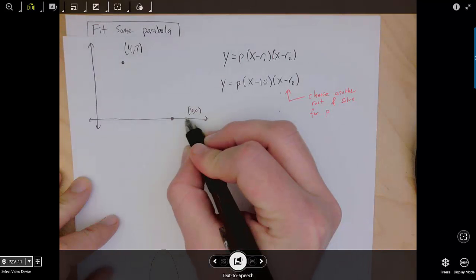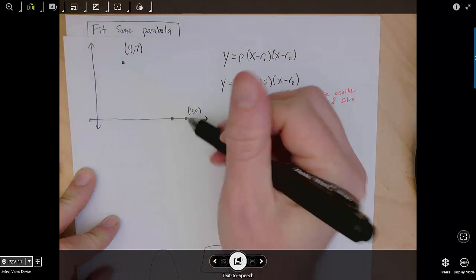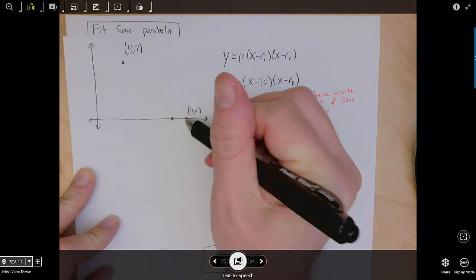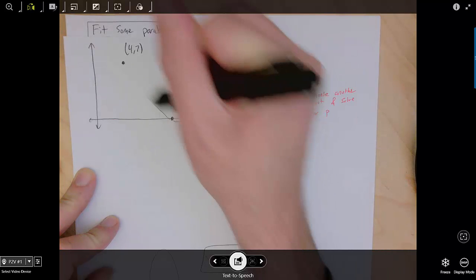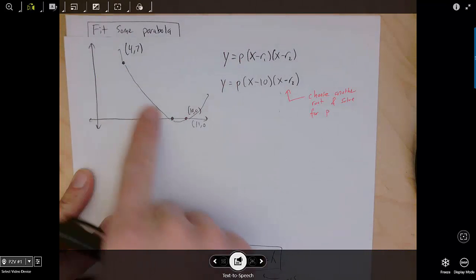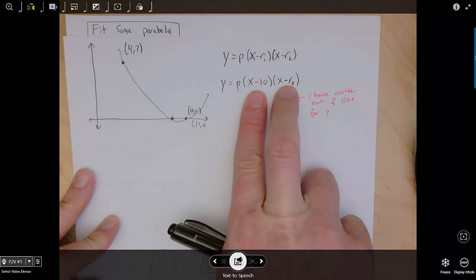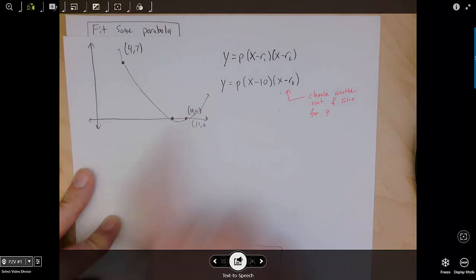So for example, let's choose a root that's quite close. Let's choose 11, 0. So then we want to try and figure out a p-value that's going to be sort of a very shallow curve here that's going to go through both roots because of this part of the equation, but then also force us through that one using p.